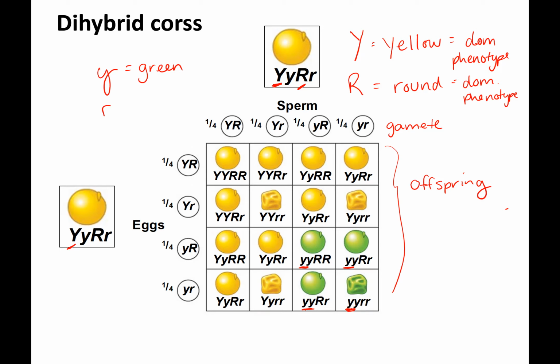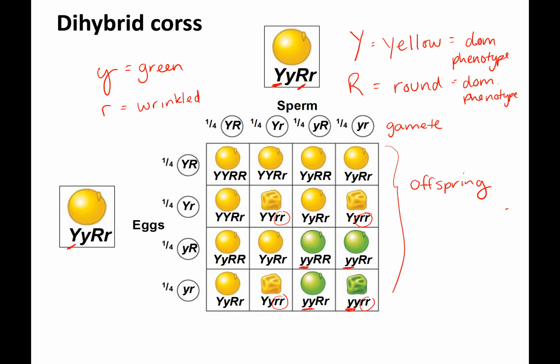And R, you only see these wrinkly peas when you have homozygous recessive for R. So little r represents wrinkled. So this Punnett square is showing you both genotype and phenotype.